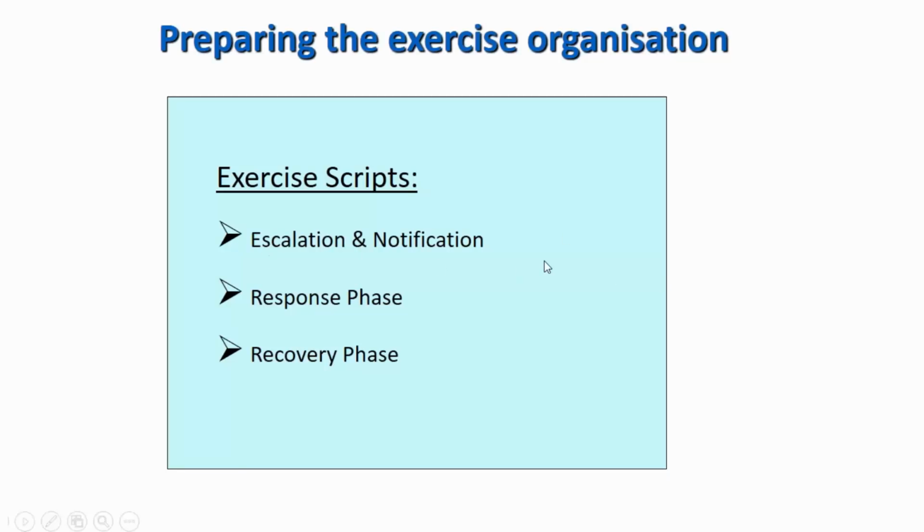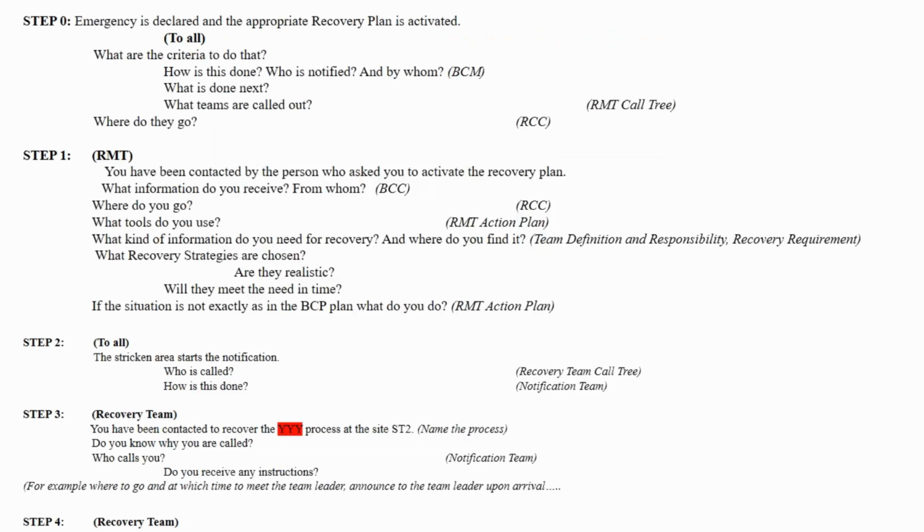And the scripts, there are the escalation and notification, response phase, recovery phase. It depends on which part you are exercising, the whole or just part of it. And this is just a part of a script. And you can see this is done step by step from the business continuity management plan.